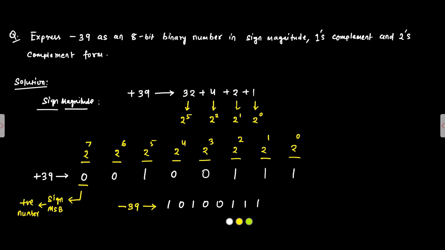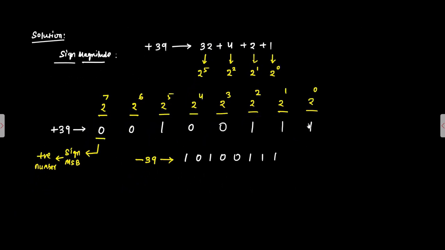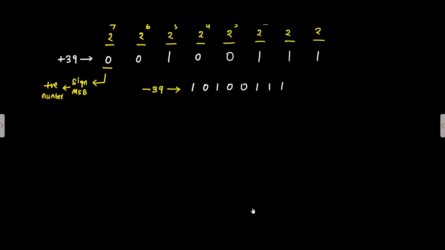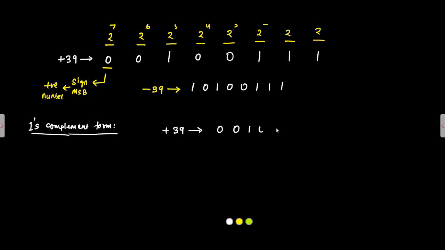Next is the 1s complement form. In the 1s complement form, we'll write the binary representation of plus 39, which is the same as in sign magnitude form, that is 0, 0, 1, 0, 0, 1, 1, 1.